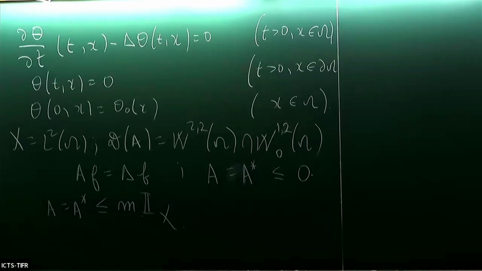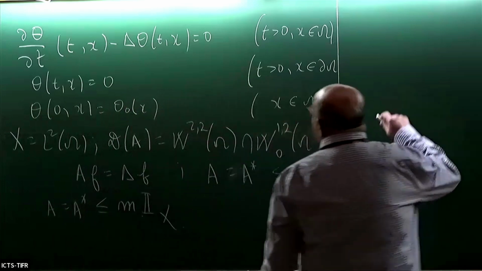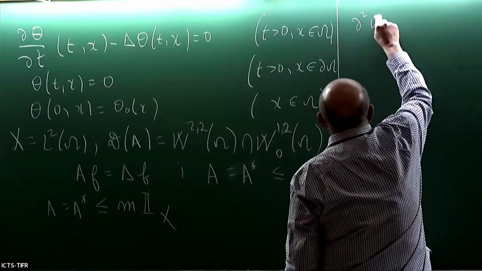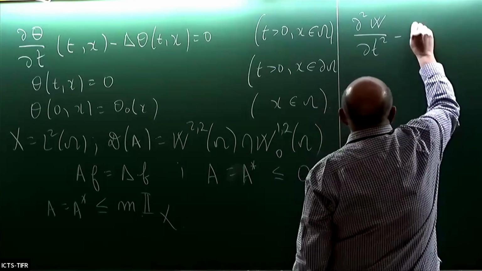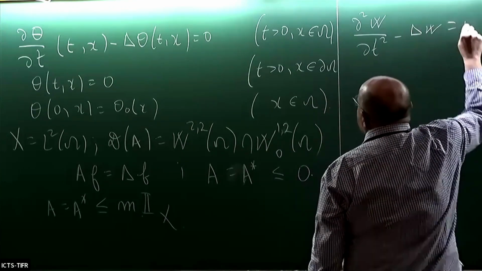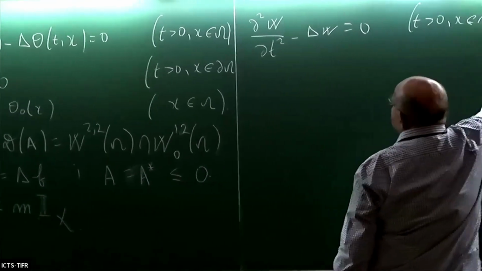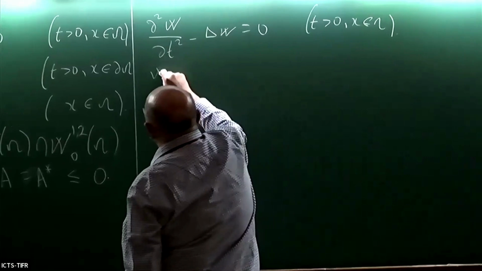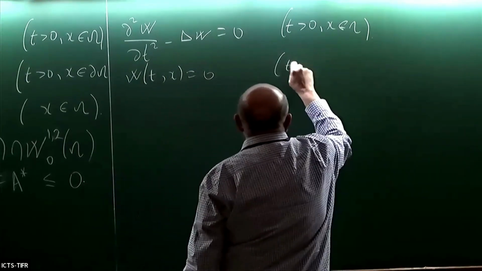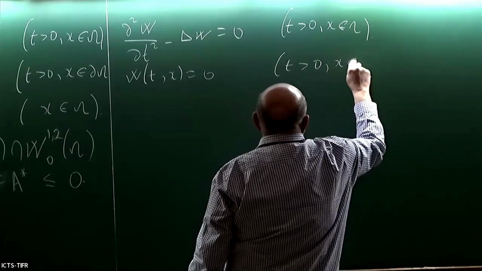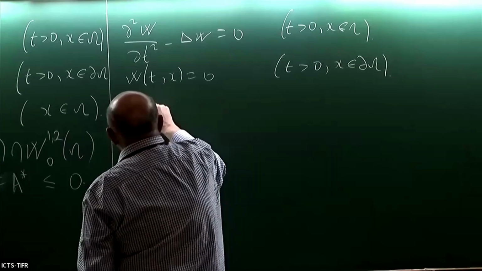The typical skew-adjoint example will be the wave equation with Dirichlet boundary condition and, of course, two initial data.